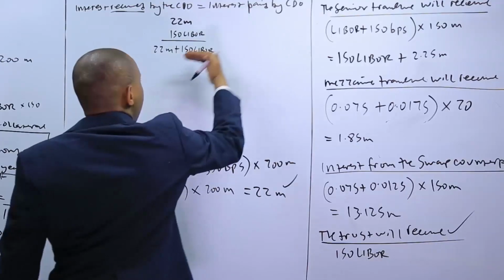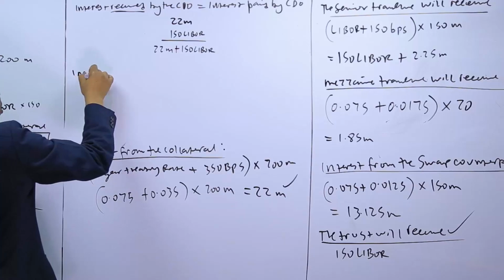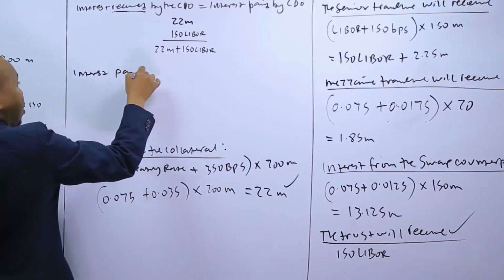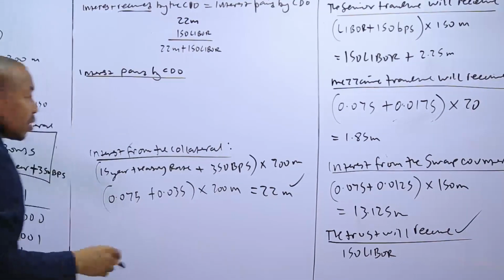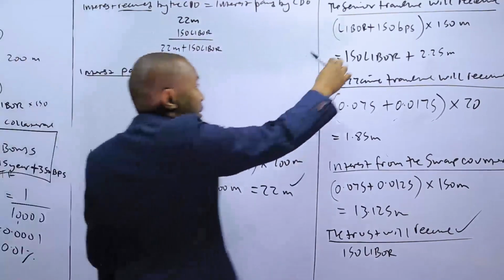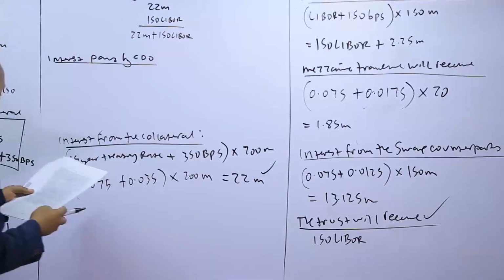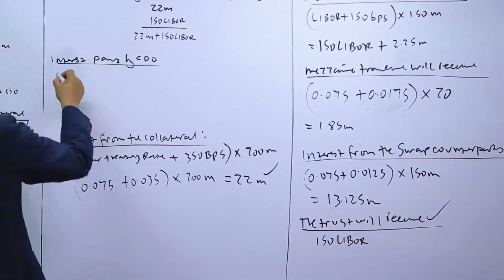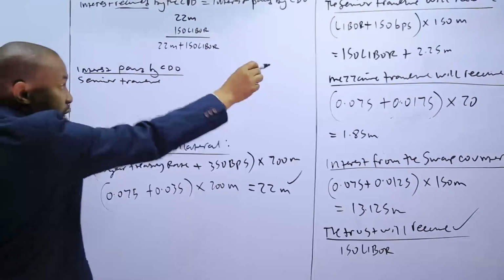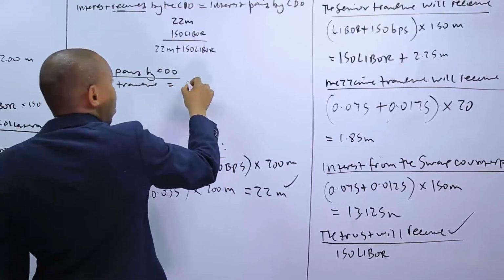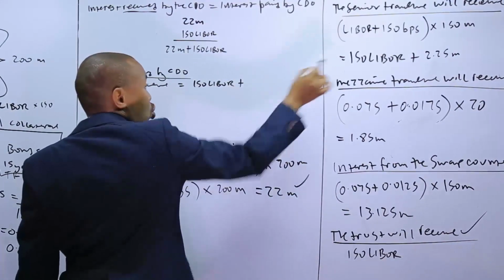Now the interest to be paid, we can have somewhere down over here. Interest paid by the CDO is what we are saying now. We'll just put all of these together. The interest to the senior tranche is equal to 150 LIBOR plus 2.25 million.